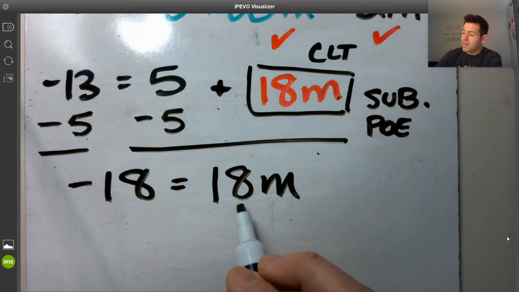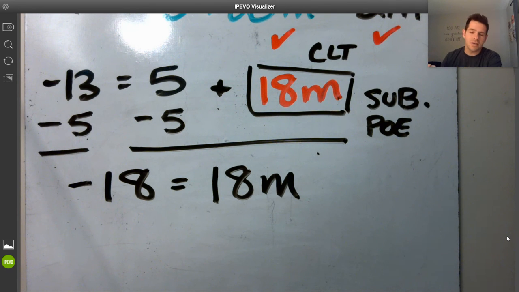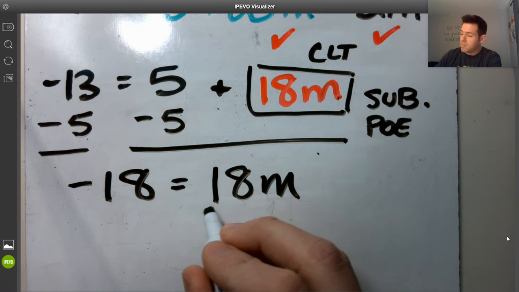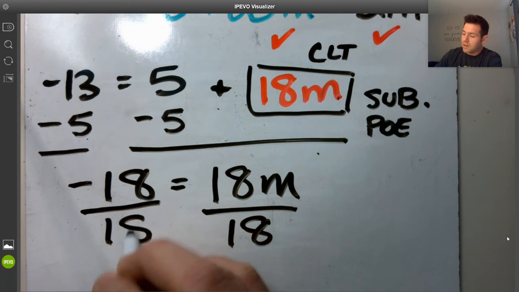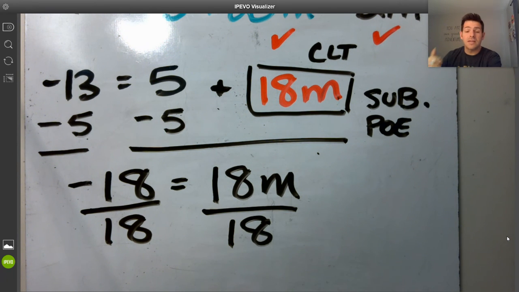We'll wrap it up. We have 18 right next to the variable m. That would mean that right now it says 18 times m. We want to get the m all by itself, so we got to do the inverse operation of multiplication of 18, which means we would have to divide by 18. Divide by 18. 18 divided by 18 is the number 1.